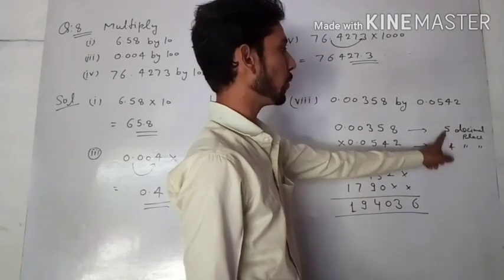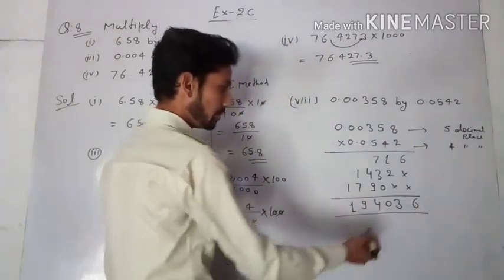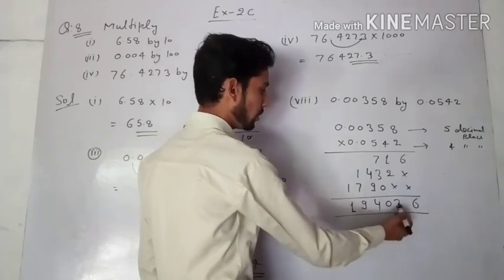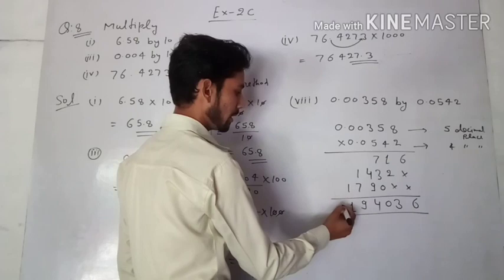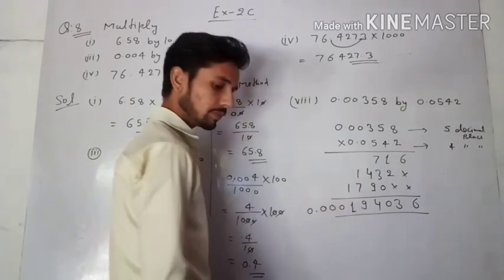So we count 4 and 5, 9. So before 9 digits the decimal is there: 1, 2, 3, 4, 5, 6, 7, 8, 9. The point is there. It's your answer.